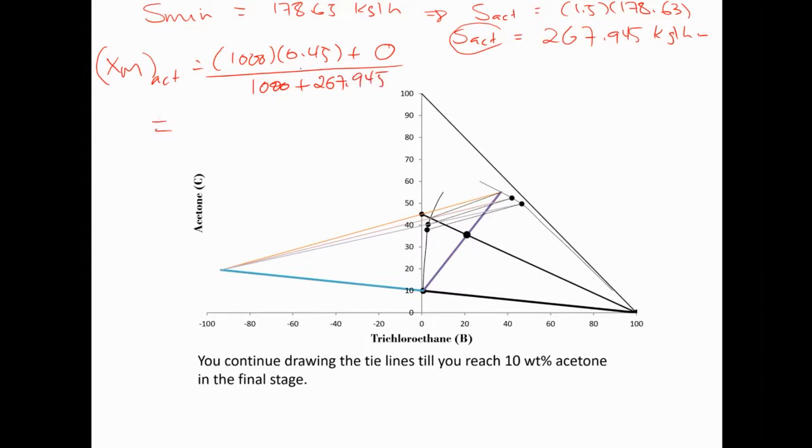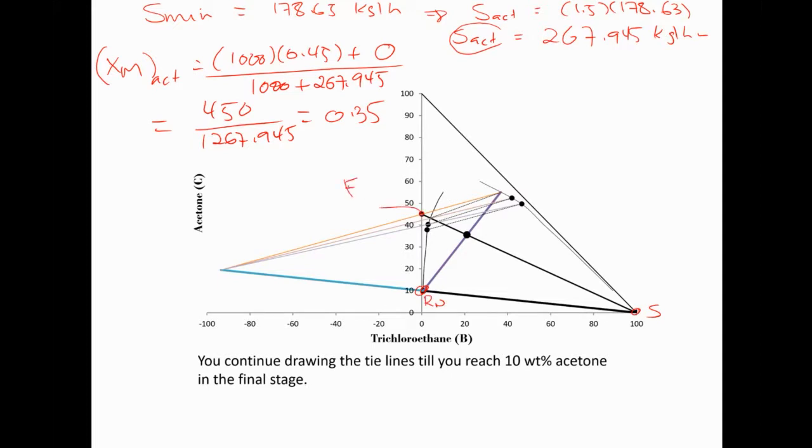So if you do that, that will be 450 divided by 1267.945, and it's going to be 0.35, almost 0.35.